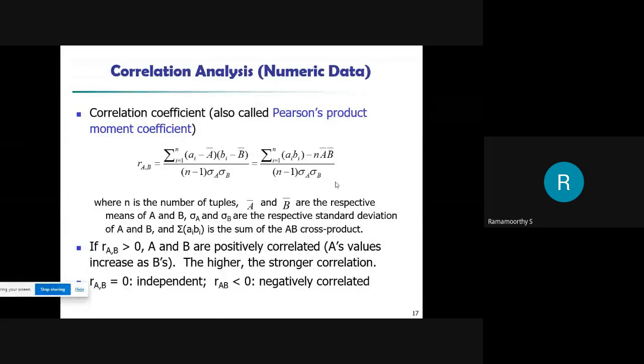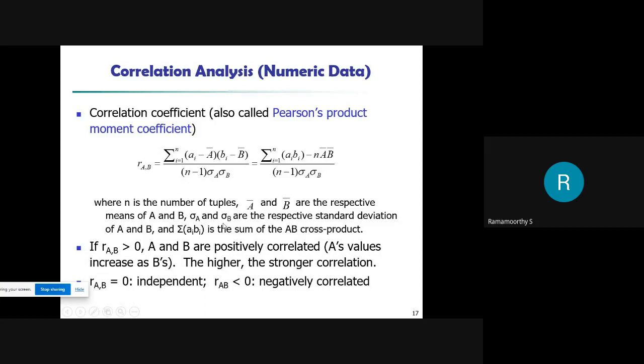A bar and B bar are the respective mean values of A and B. The summation of (A_i minus A bar) and (B_i minus B bar) is divided by (n minus 1) times sigma A and sigma B. Right, so you can also represent this formula like this.